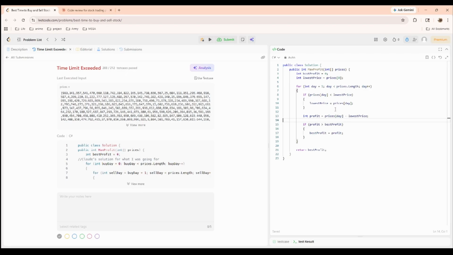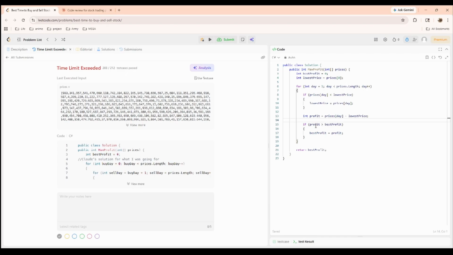But how are we taking care of the case where it's day one and that is the lowest price? Am I missing something? Profit, price on day one. Oh, then it's just going to return zero, right?